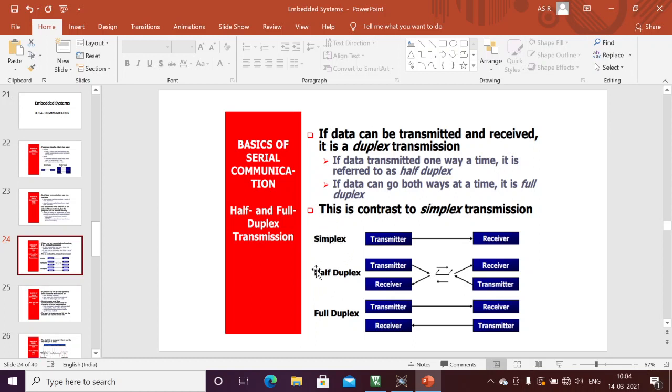The other methods, half duplex and full duplex, are both-way communication. But in case of half duplex, I can send or receive only one at a time. In case of full duplex, we can send and receive both at once. These are the main differences between half duplex and full duplex. This is about the types of transmission in our communication.